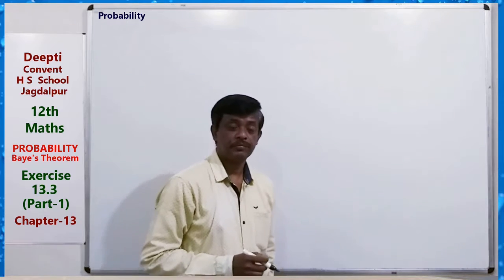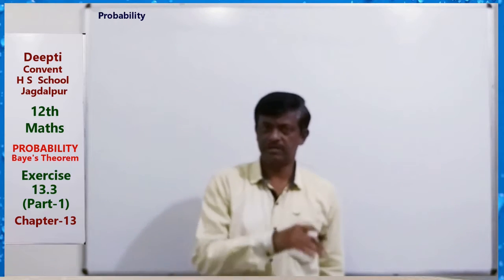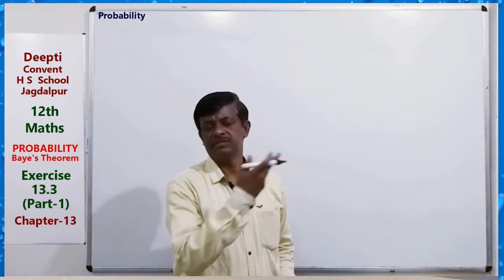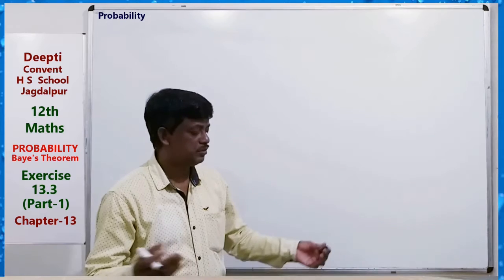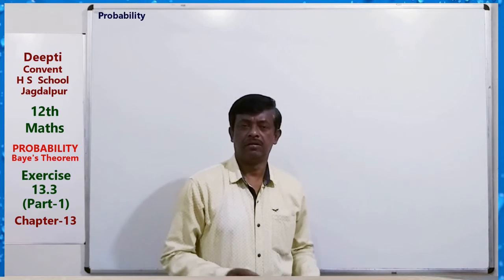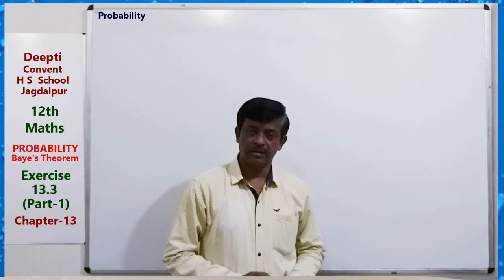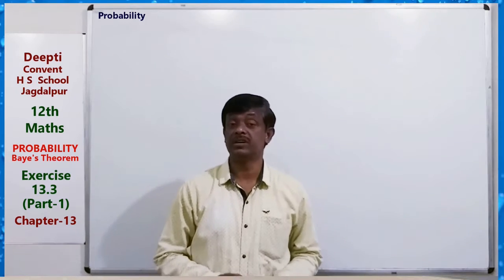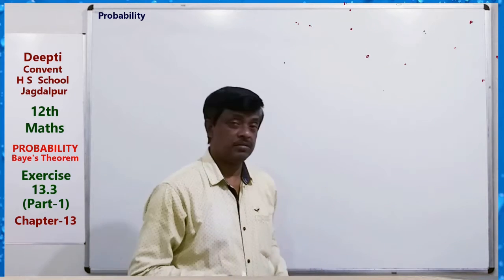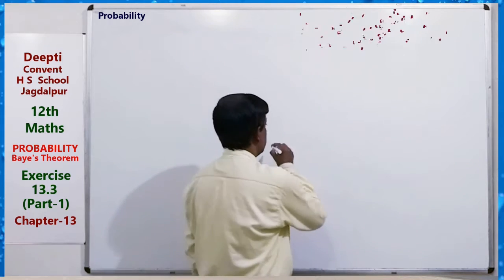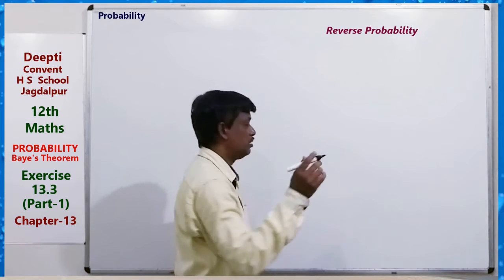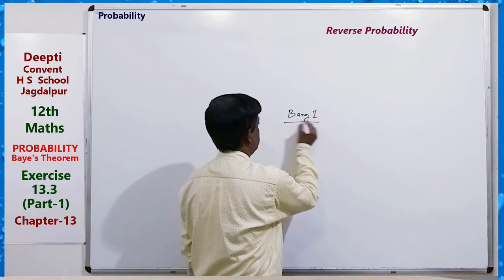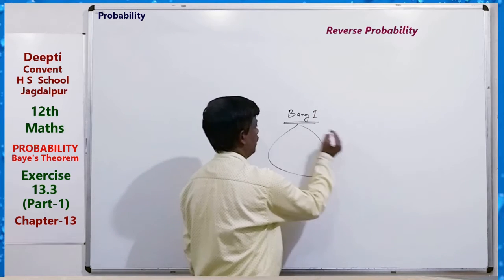We know about the addition rule of probability, the multiplication rule of probability, independent events, mutually exclusive events, and all the formulas. Here, Bayes theorem is required for finding reverse probability. What is reverse probability? Consider bag 1 and bag 2.